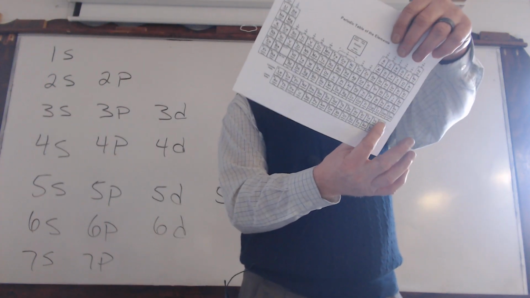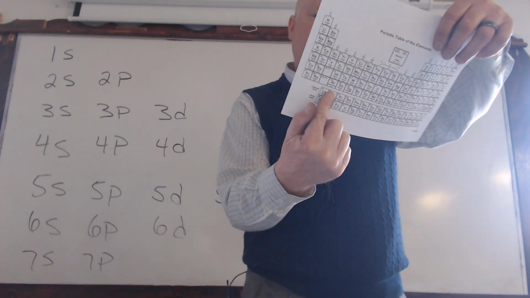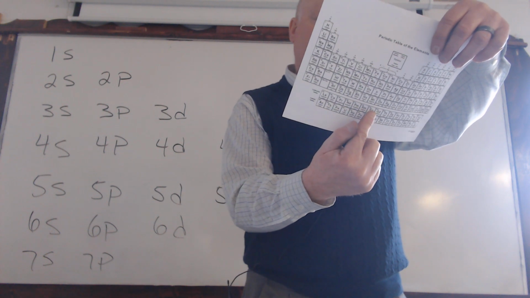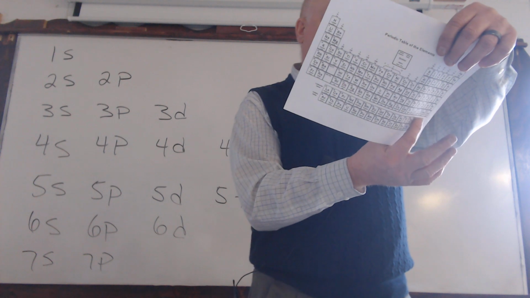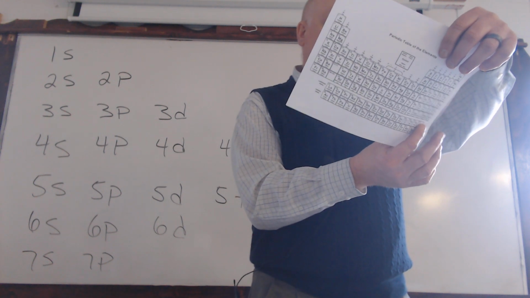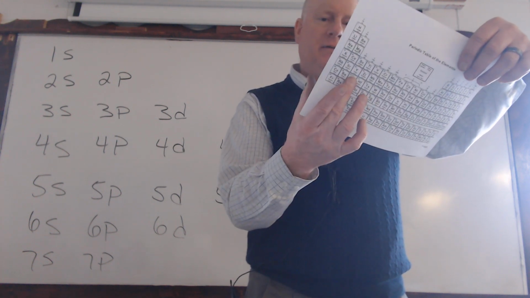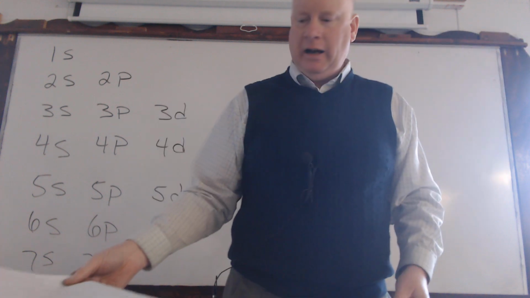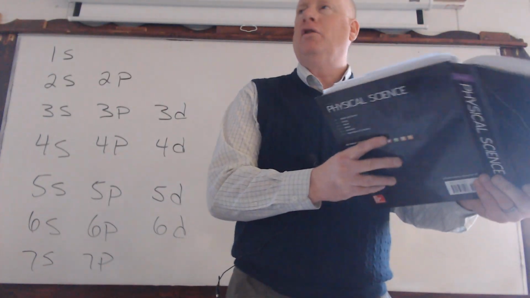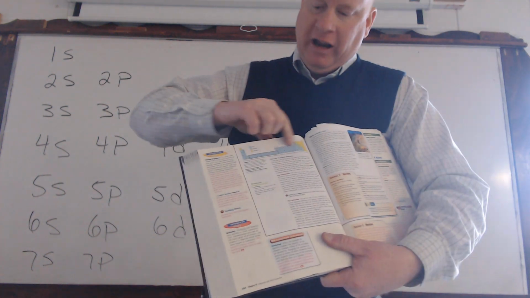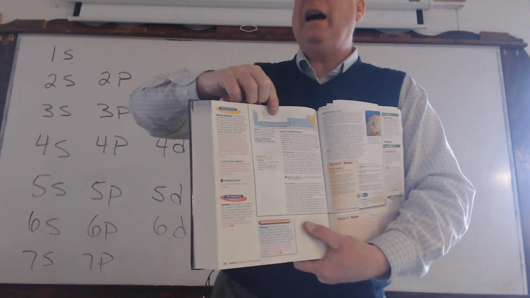These two are part of the D block. So if we go 1, 2, 3, 4, 5, 6, 7, 8, 9, 10, 11, 12, 13, 14. Remember, this is part of the D block up here. Okay? Because if we put these in increasing number, that means this table would have to be really, really wide.